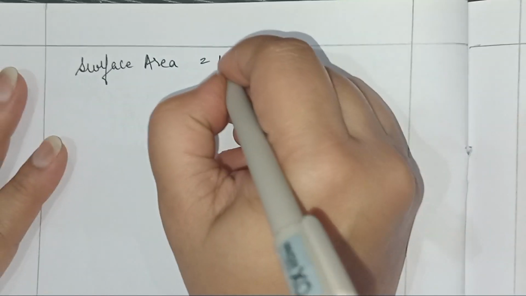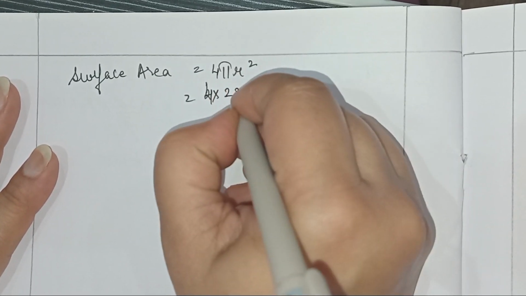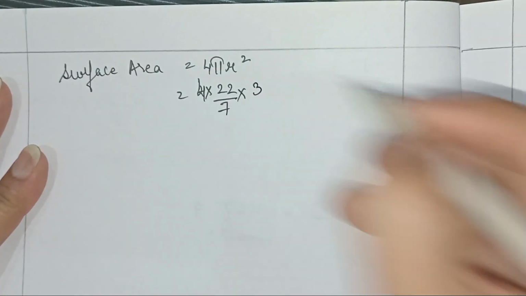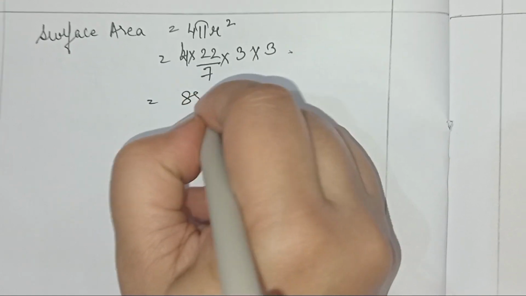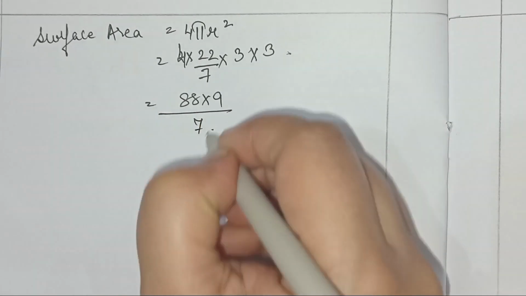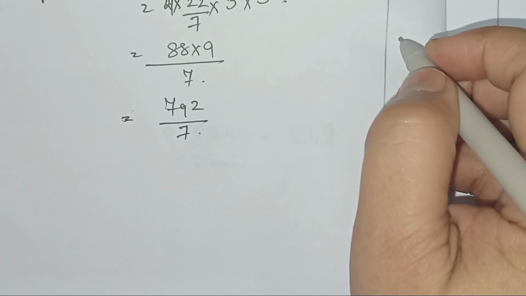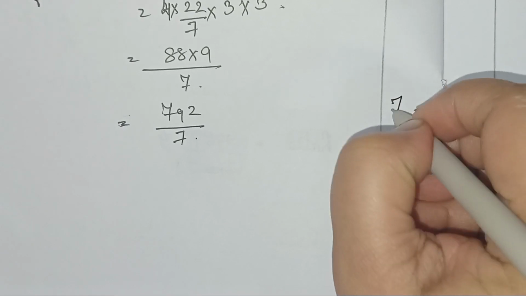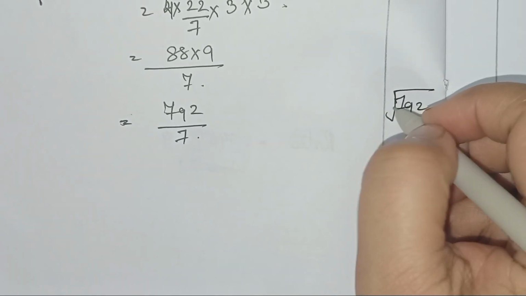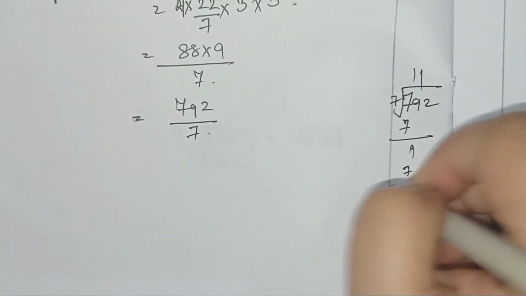Now calculate the surface area, which is equal to 4 pi r square. 4 into 22 over 7 into r, which we have found as 3, into 3 will give you 88 into 9 over 7, which is 792 over 7. 792 over 7, 7 ones 7, 9 7 is 2.